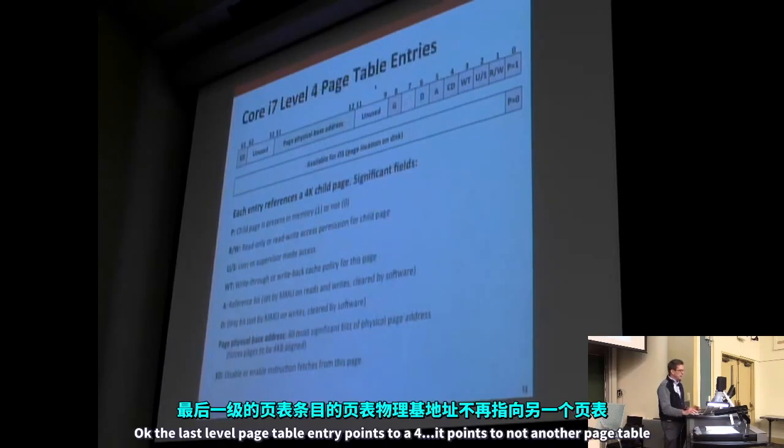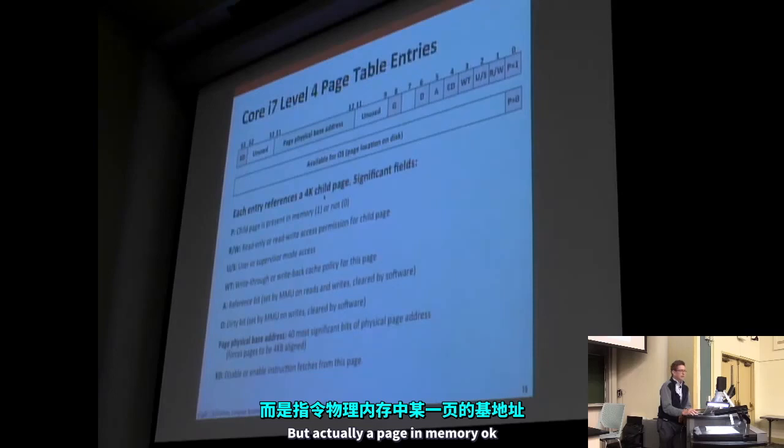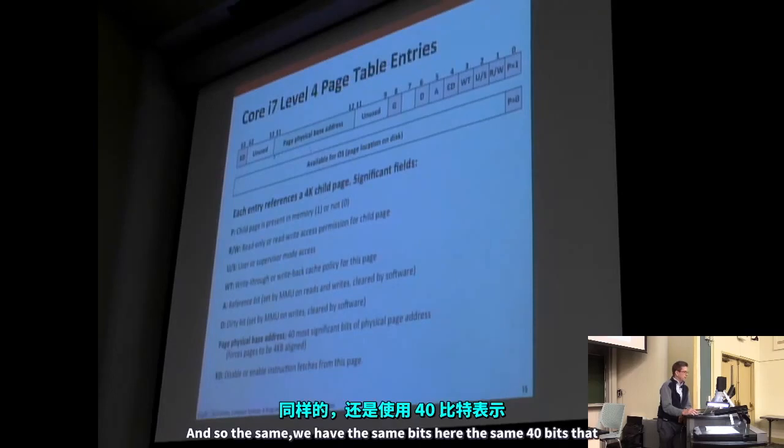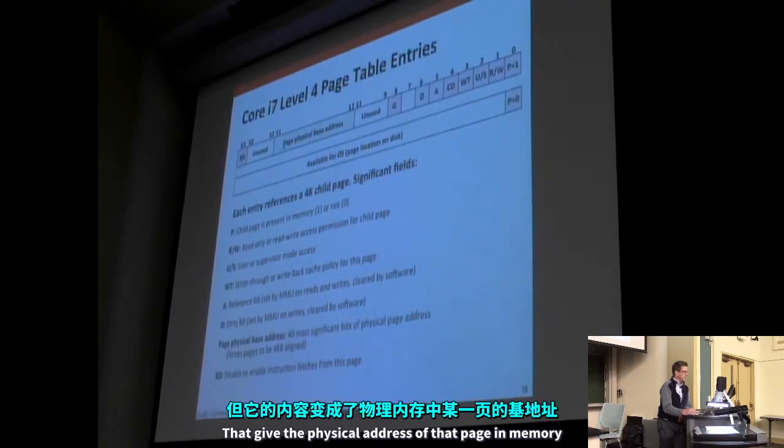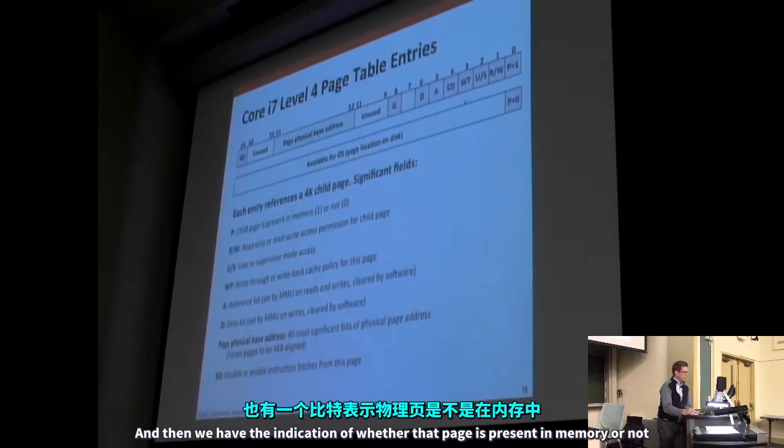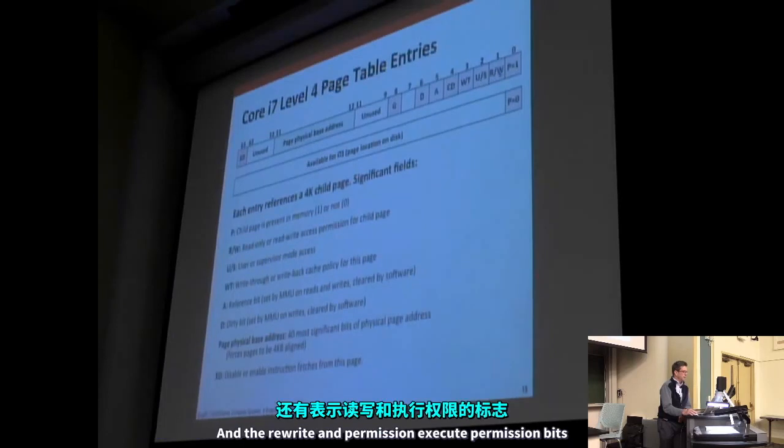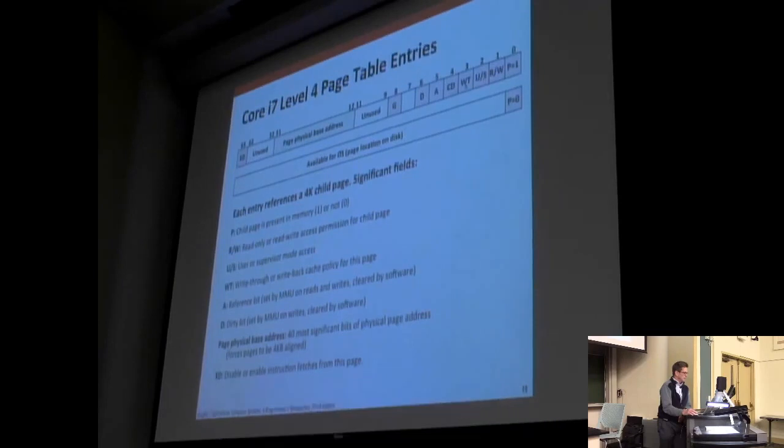The last level page table entry points not to another page table, but actually to a page in memory. We have the same 40 bits that give the physical address of that page in memory, and then we have the indication of whether that page is present in memory or not, and the read write and execute permission bits, write through or write back.